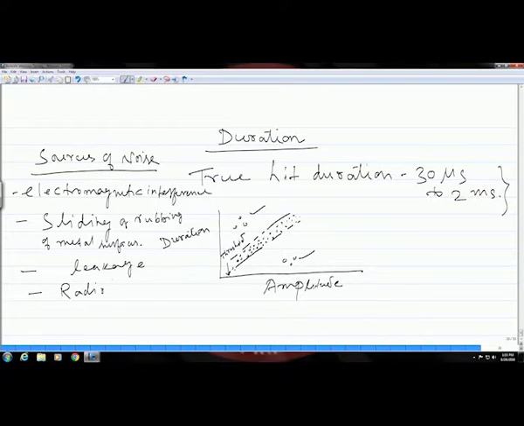So, it could be electromagnetic interference or radio interference, and this kind of signals will typically have a larger duration compared to the duration of an acoustic emission signal coming out from defects. Okay.